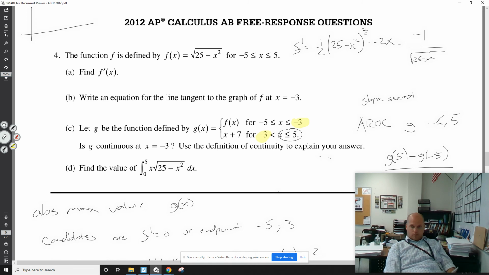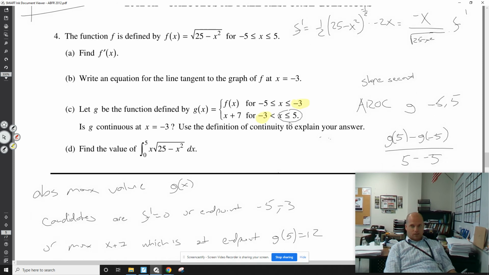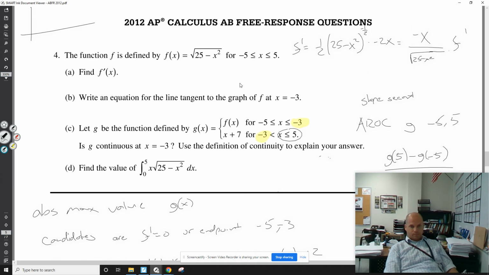Okay, so that's the derivative of f prime. It does have a 0 at 0. We could do a sign analysis of f prime between -5 and -3. Plug in anything, -4. This will be a positive. So f prime is positive, that means f is increasing.